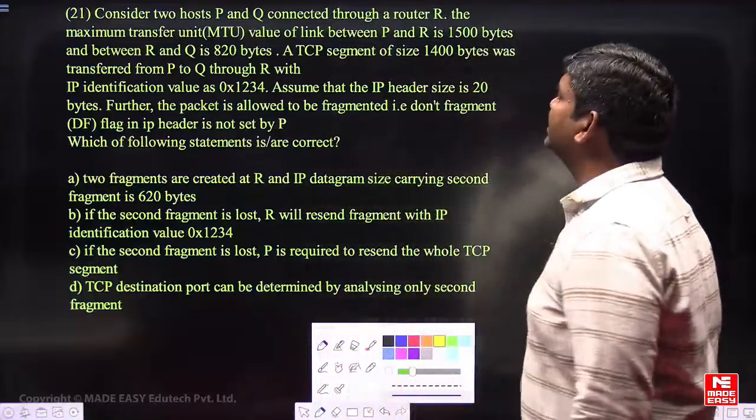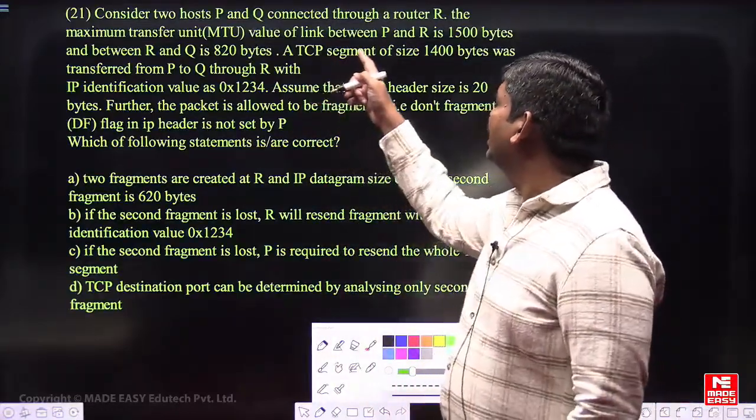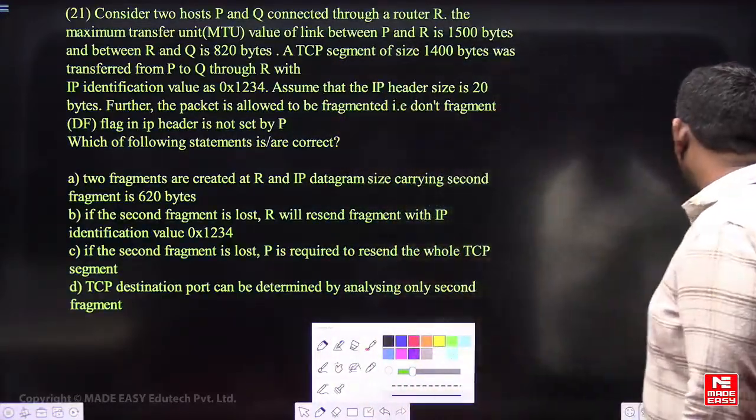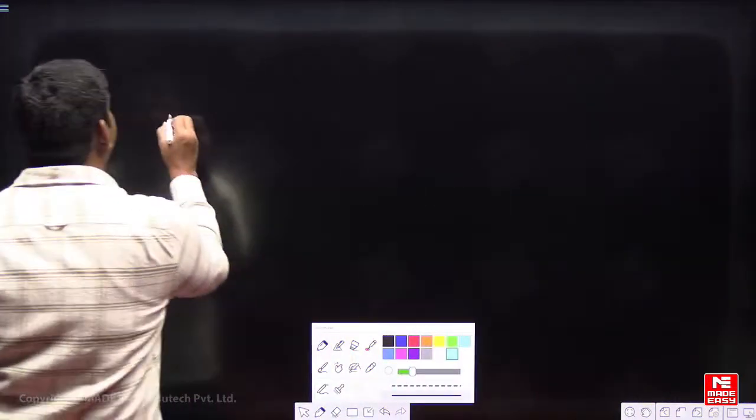See, the query considers hosts P and Q connected through a router R, okay. Whatever information they have given, we are writing.